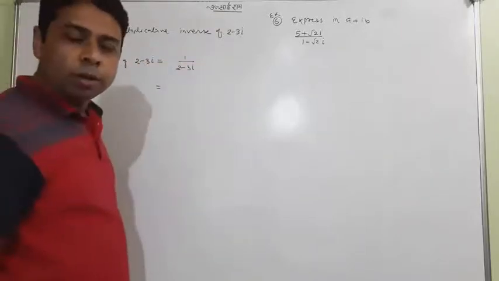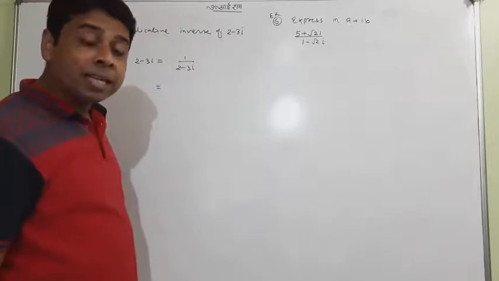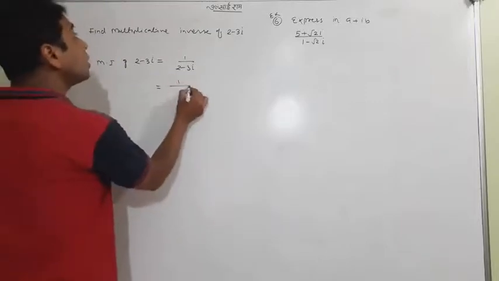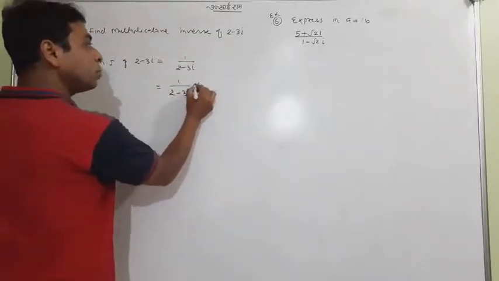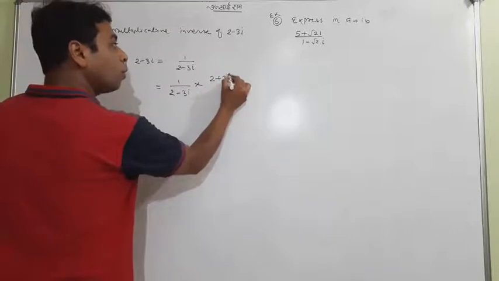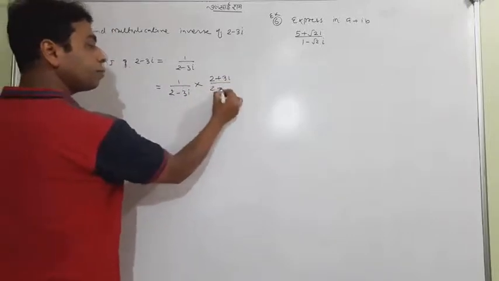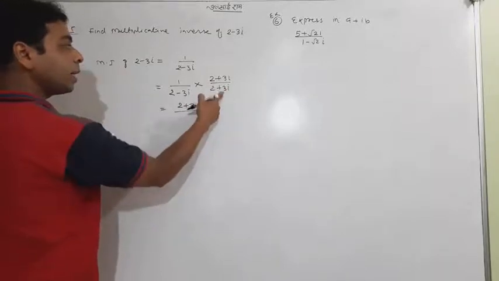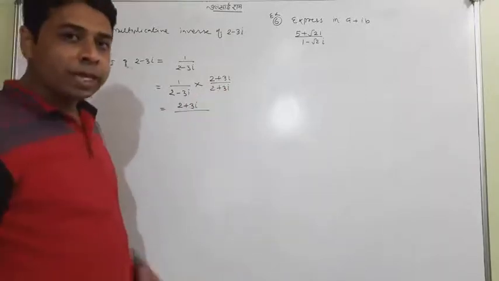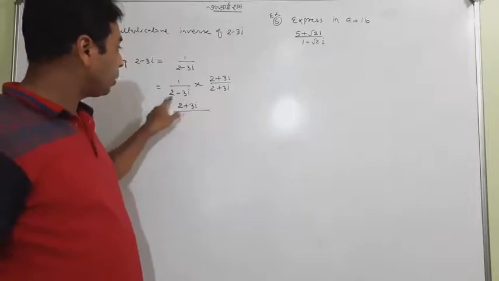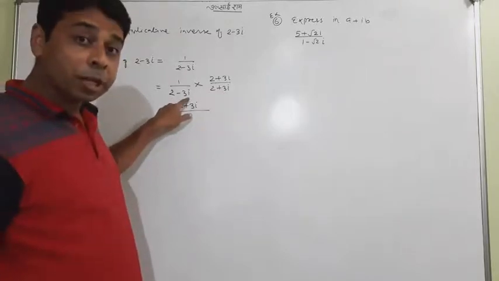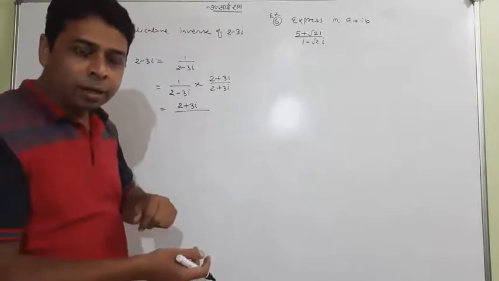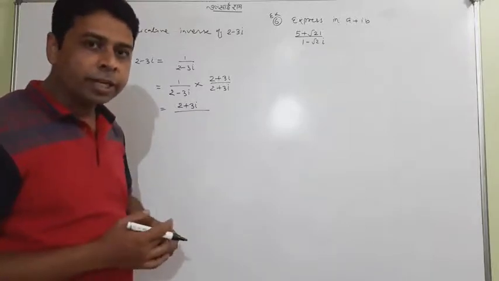And we solve. Whenever i is coming in the denominator, you do rationalization. And how to do rationalization here, student? You just multiply with the opposite sign, so use 2 plus 3i upside and downside. And I taught you yesterday a very good idea about i: (a plus ib)(a minus ib) is equal to a square plus b square.